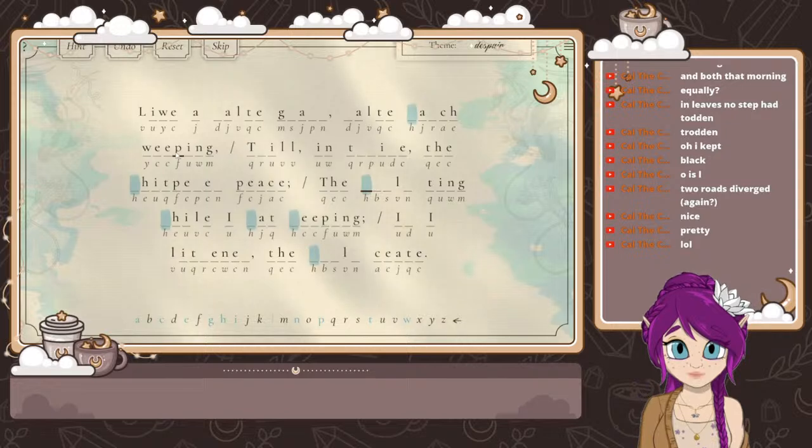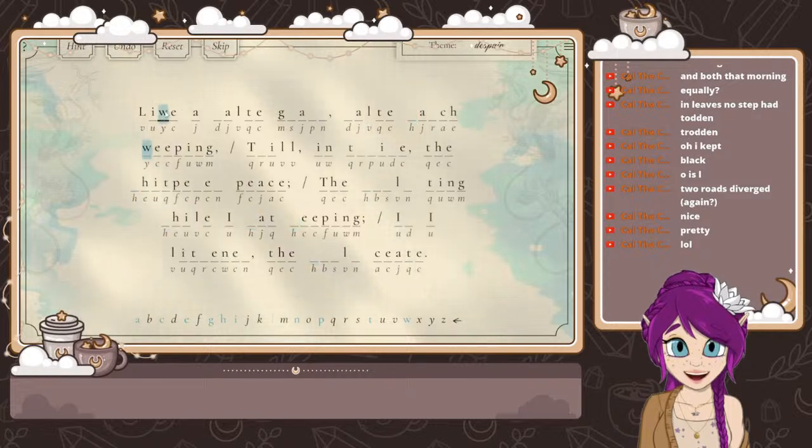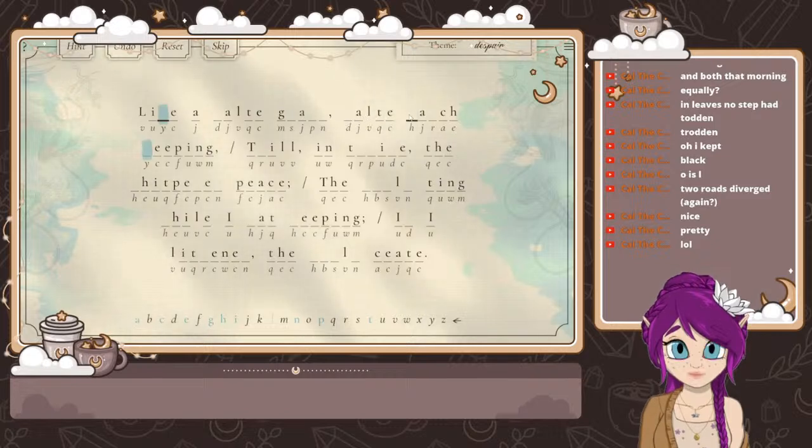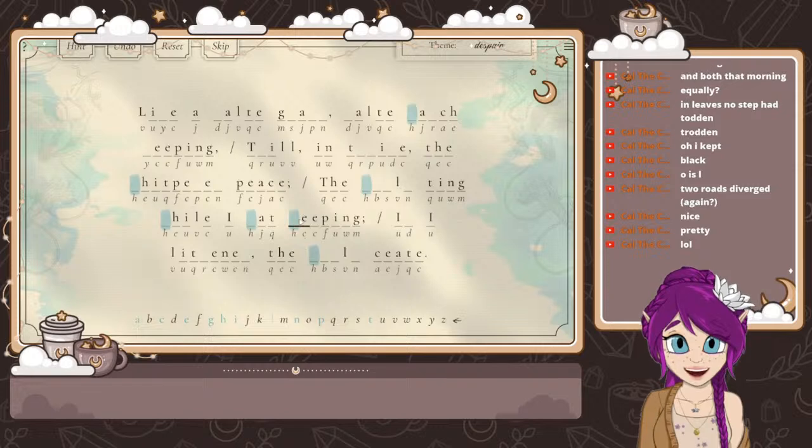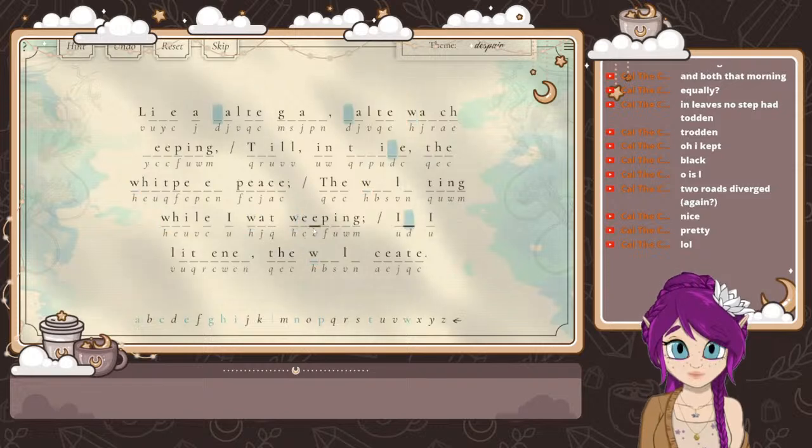Weeping? Peace? I mean, weeping. But then this word doesn't make sense. The peace. This one can be weeping.